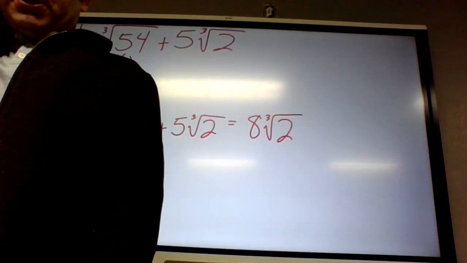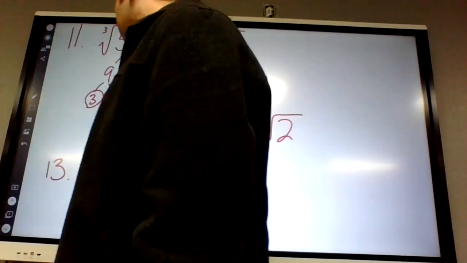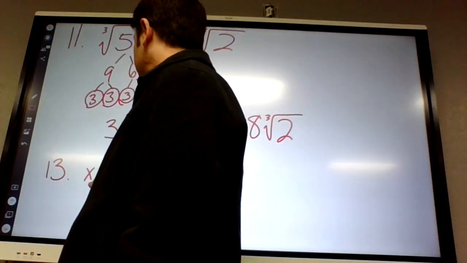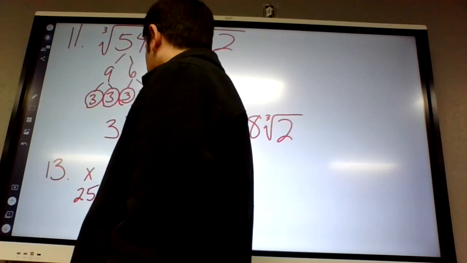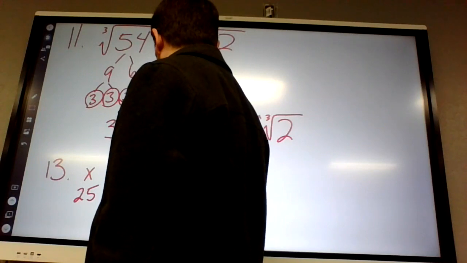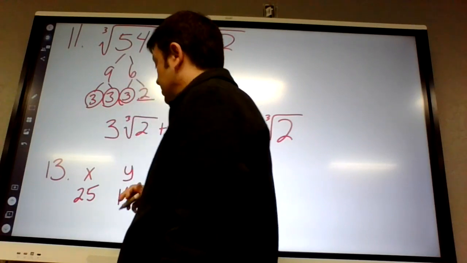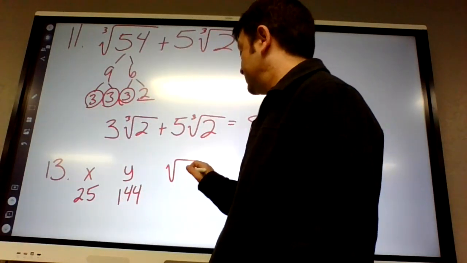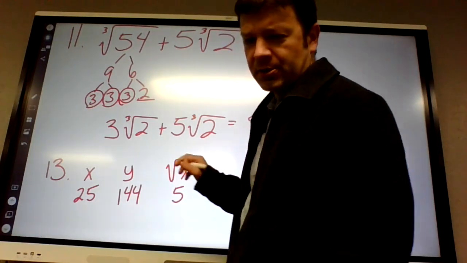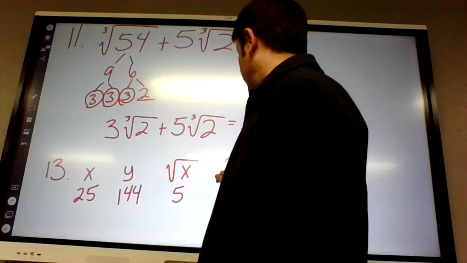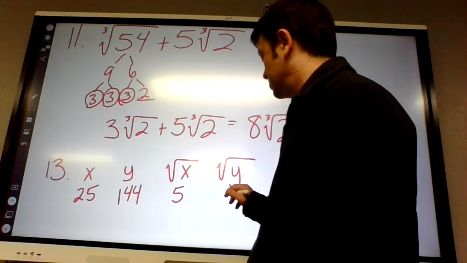So on 13 it says x is 25, y is 144. That makes sense. So Jaden, what would the square root of 25 be? 5. And then it says square root of y, right? What would the square root of 144 be? 12.